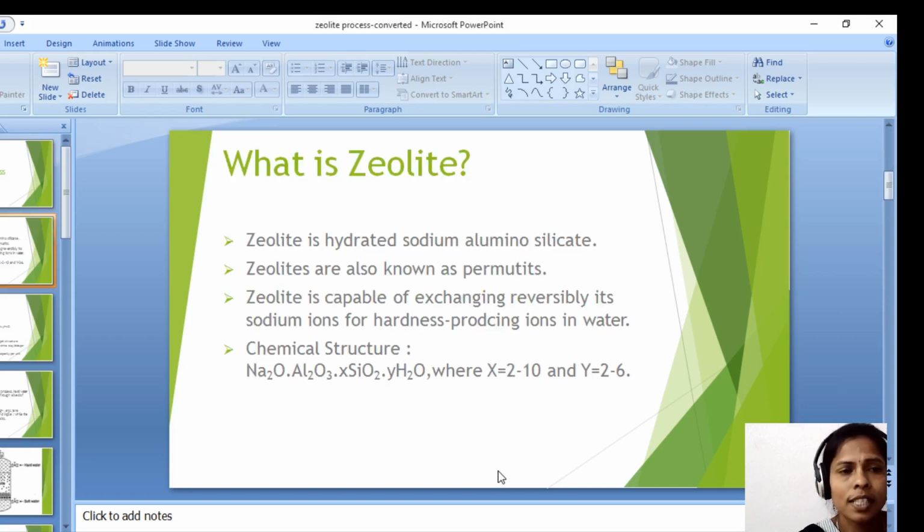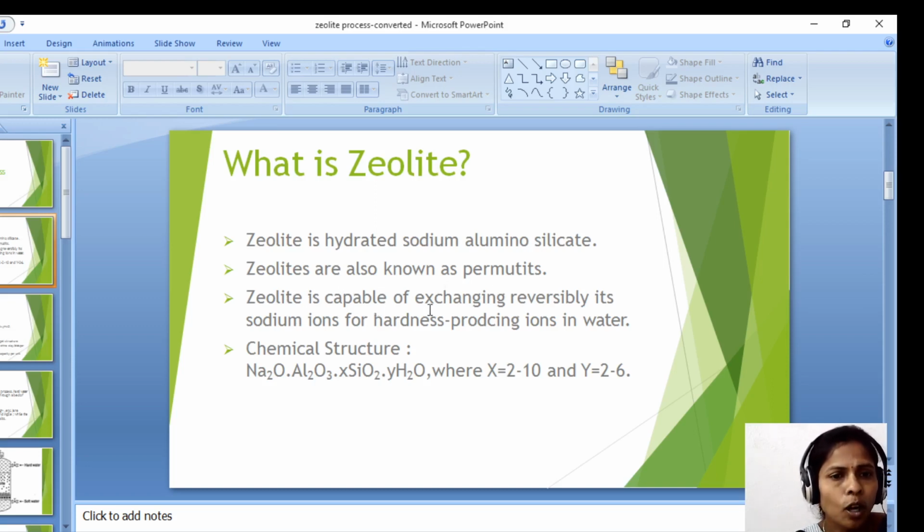But before going to the zeolite process, let us see what zeolite is. Zeolite is hydrated sodium aluminosilicate. So that is the chemical name of zeolite: hydrated sodium aluminosilicate. Zeolites are also known as permutites.